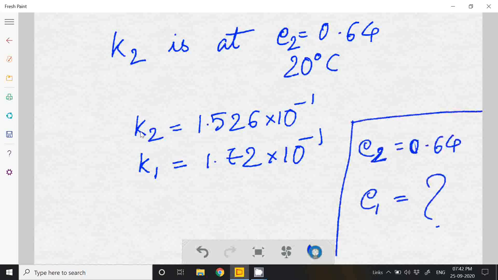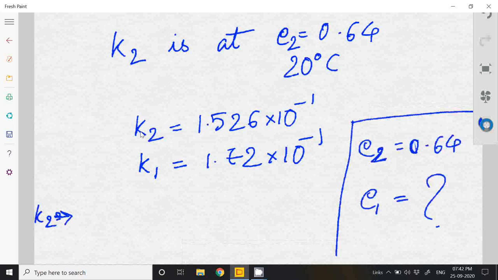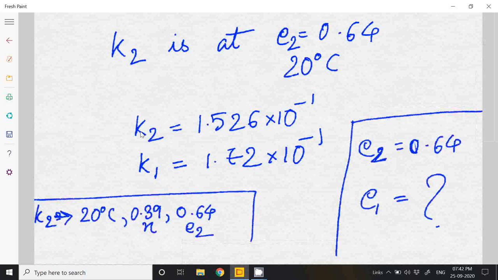If you have not understood, I will just repeat. K2 we have got for 20 degrees centigrade, with porosity given as 0.39, for the second condition, and for that we got 0.64 void ratio. So this was e2, but we have not got e1.